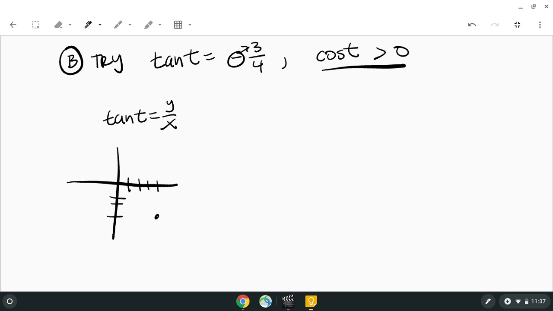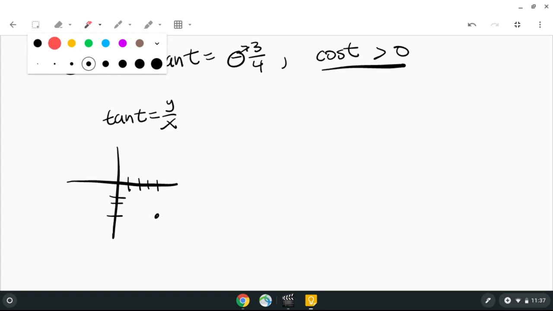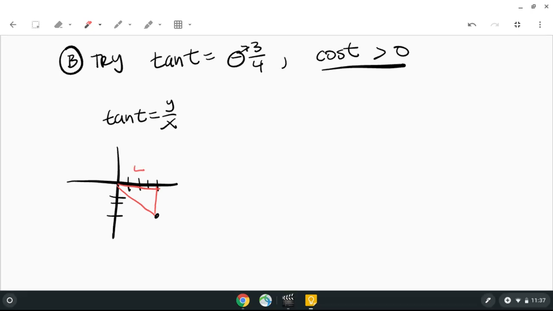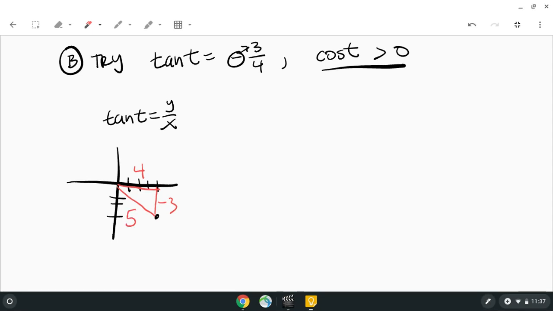If I do my little triangle, then I have this, this, and we know this is 4. This is -3. That's my 3, 4, 5 triangle again. Radius is always positive. So radius is 5. So now I have all of my numbers for all 6 of my trig functions.